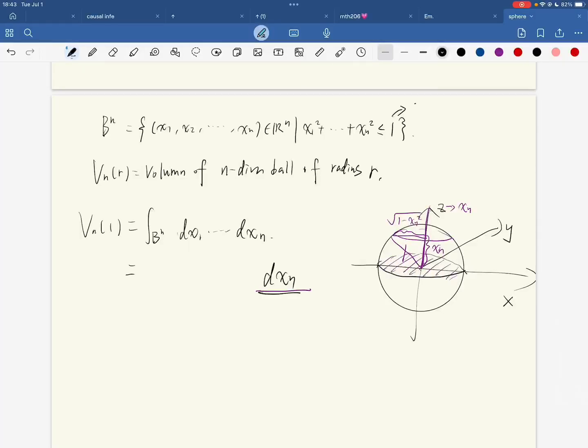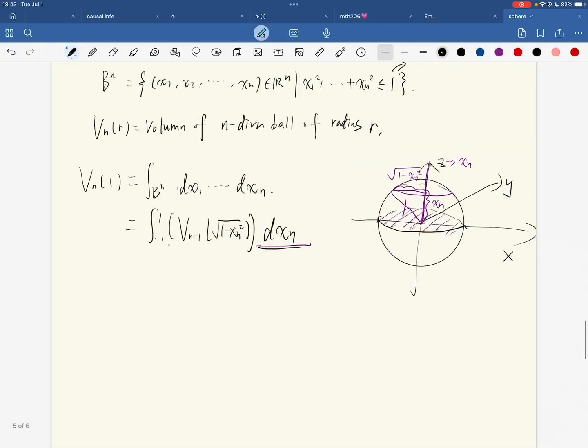So here we just write, and we want to further represent it.